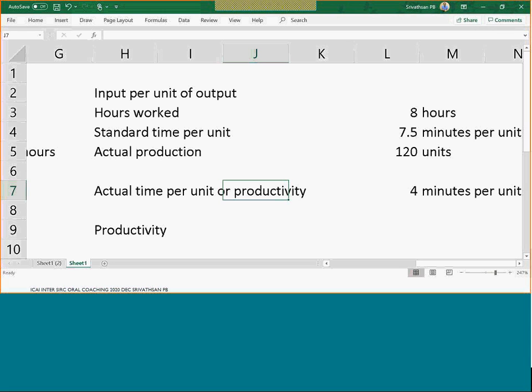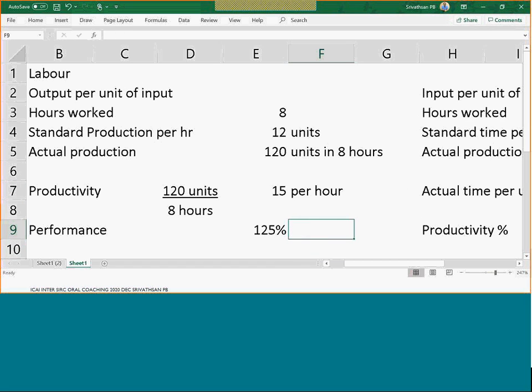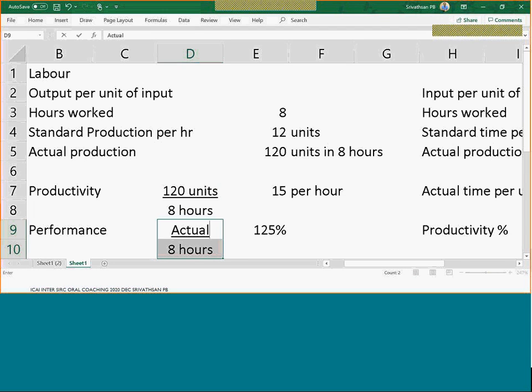We did productivity percentage earlier. Numerator was actual, denominator was standard. Actual divided by standard, this was the old calculation.